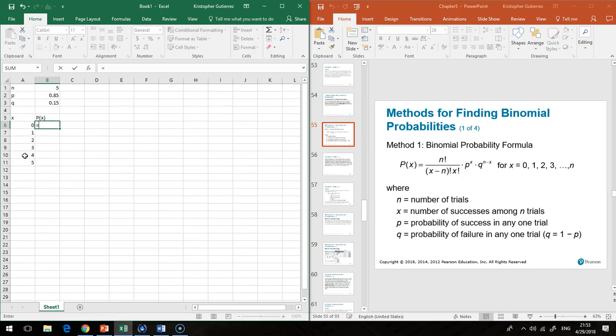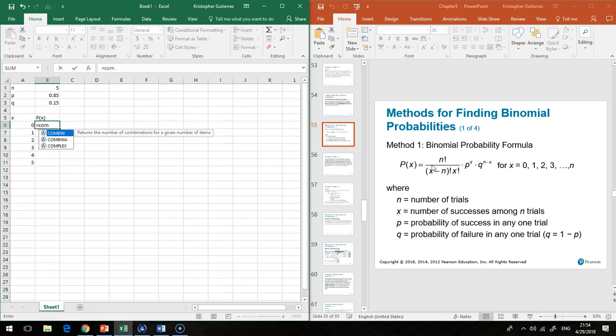So the probability of 0 is equal to n factorial. Well, now what is this? Is that combinations or permutations? That is combinations.